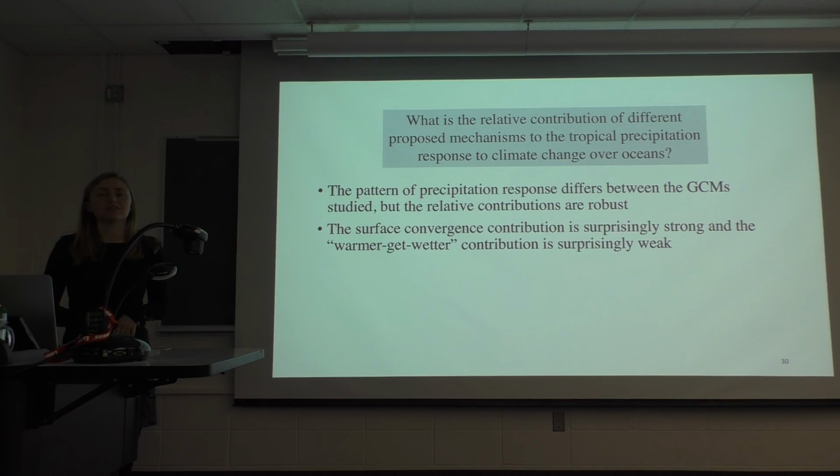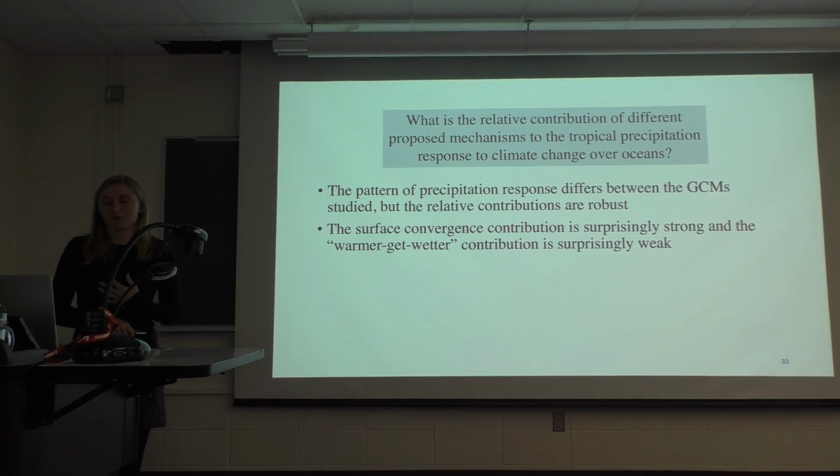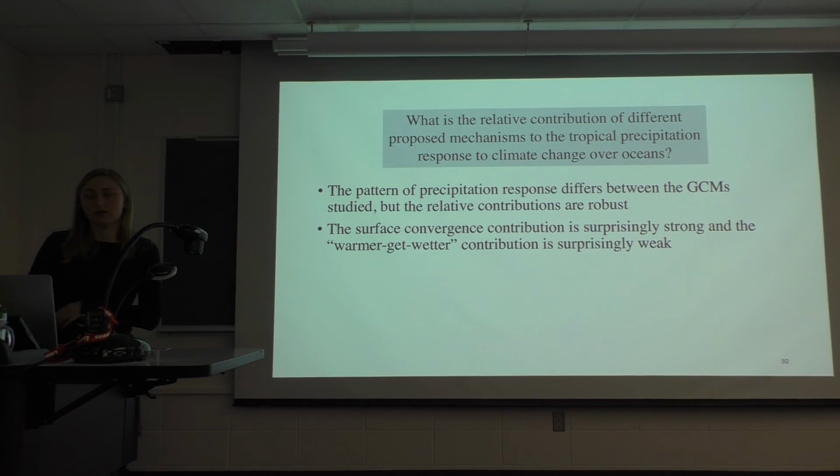And while all three mechanisms are important, the surface convergence contribution is really strong, and the warmer get wetter mechanism is surprisingly weak. And the surprisingly comes from what we've seen in the literature. Warmer get wetter has received a lot of attention in the precip climate change literature, and surface convergence hasn't as much. So that's why I say surprisingly.